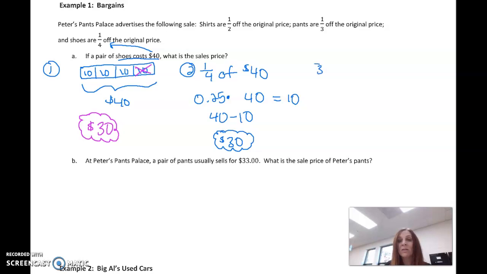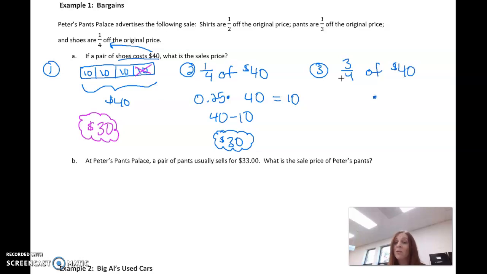The third way to think of this is think about in terms of what are you paying. So instead of thinking of it as 1/4 off, you're going to take 1/4 off. What are you going to pay? Well, you're paying 3/4 of the price. The whole price is 1. You can either take 1/4 off or you're paying 3/4 of it. So we could also think of this as 3/4 of 40.